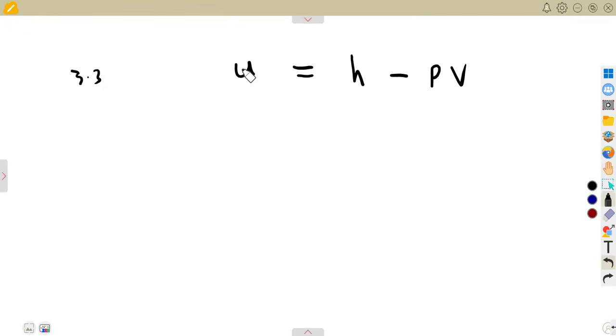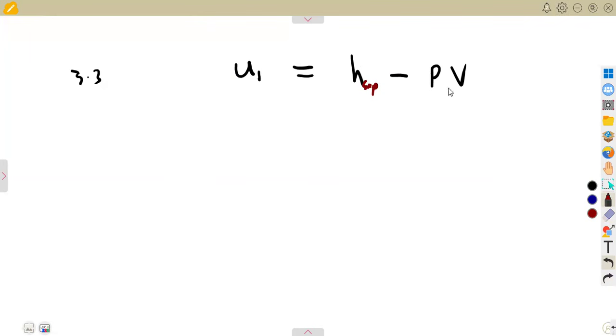Stage 1, stage 2. So this is going to be U1, which is at the superheated steam. The H is the enthalpy there. We're talking about the internal energy of the superheated steam, so definitely this enthalpy is the enthalpy of the superheated steam.